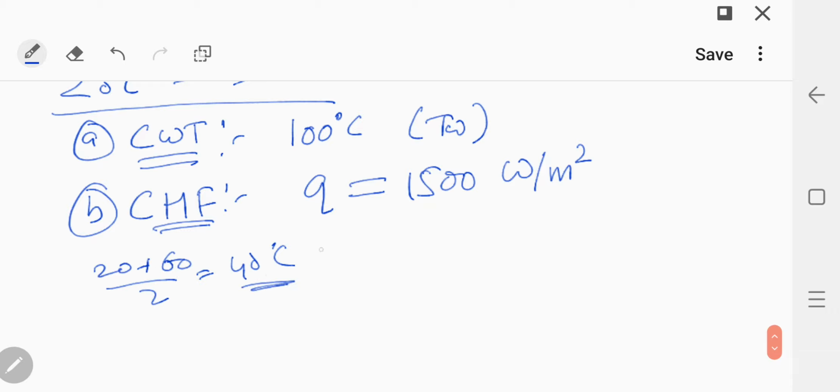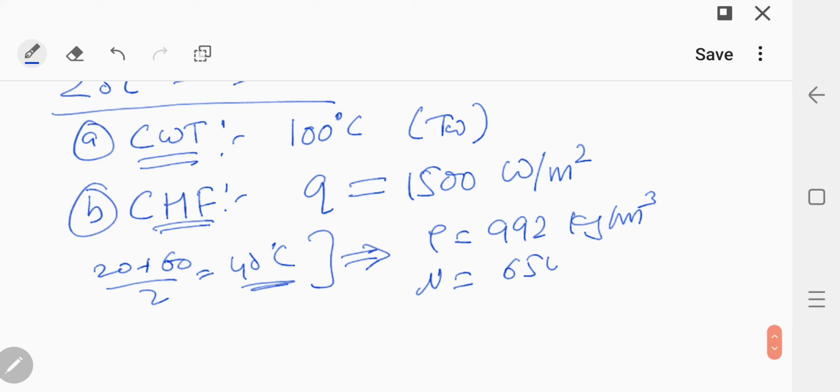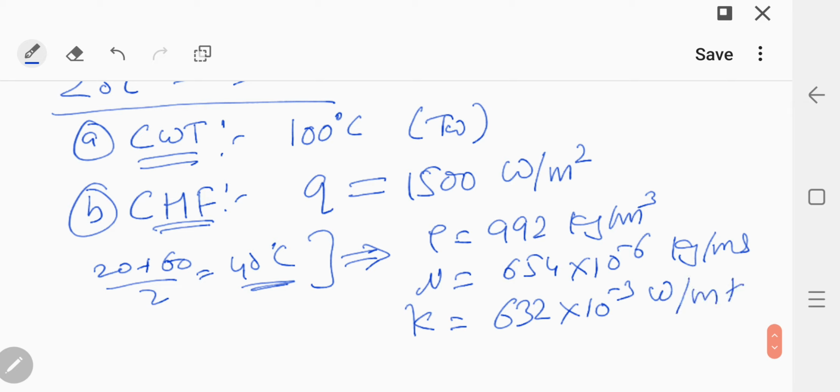So at 40 degree, the thermophysical properties of water are: the density is 992 kg per meter cube, viscosity is roughly 654 into 10 raised to power minus 6 kg per meter per second, thermal conductivity is roughly 632 into 10 raised to power minus 3 watt per meter per Kelvin, and the Prandtl number, which is Cp mu by K, is roughly 4.32.